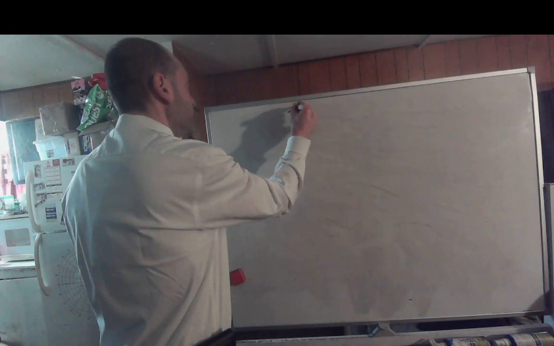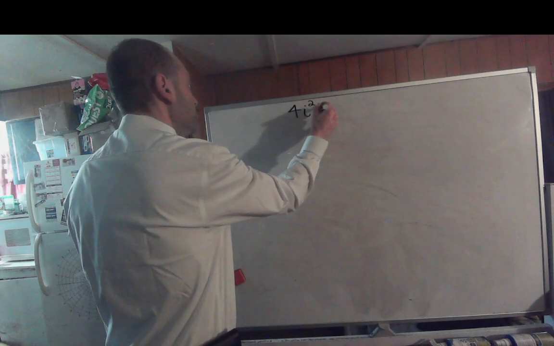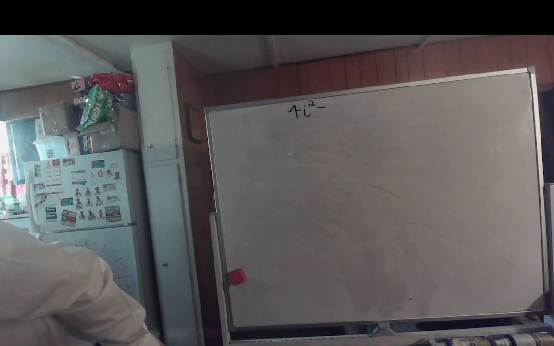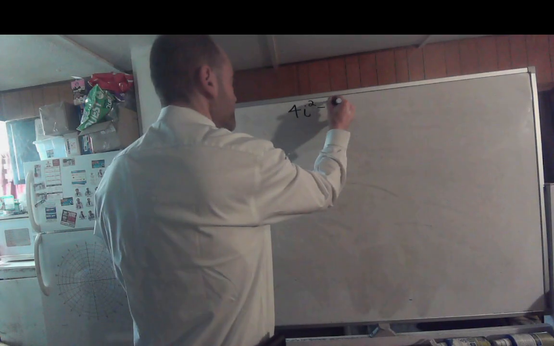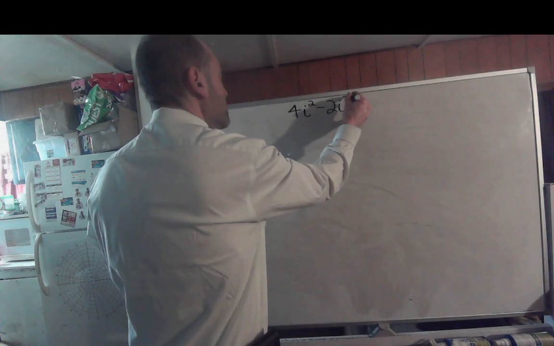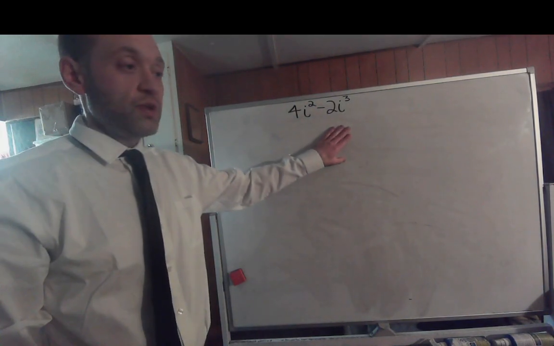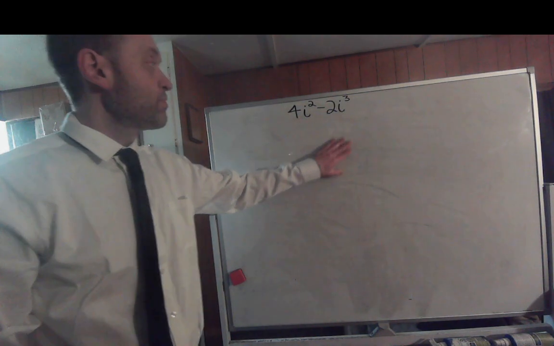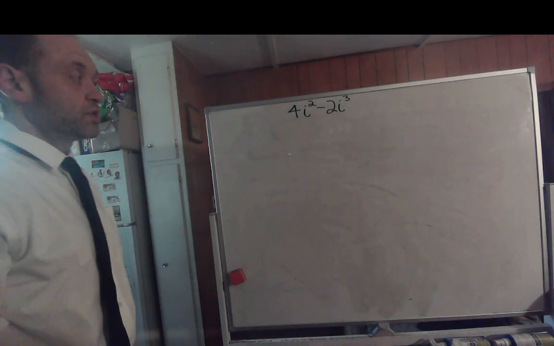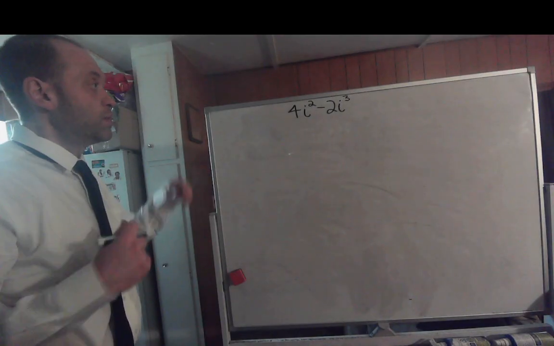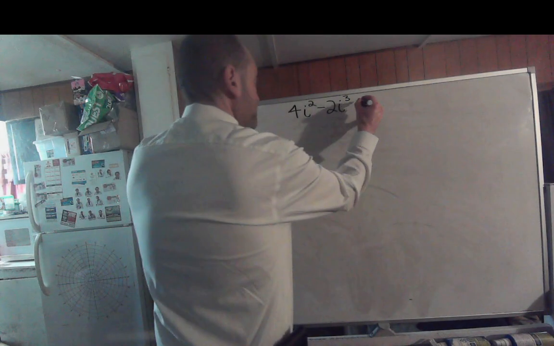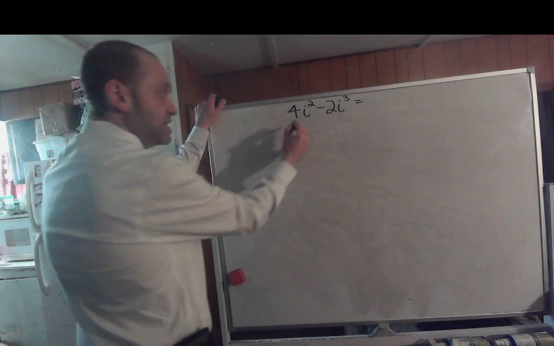All right, 4i squared minus 2i to the third. So we have 4i squared minus 2i to the third. Well, what's this going to turn into? So, a couple things. i squared is negative 1, right?